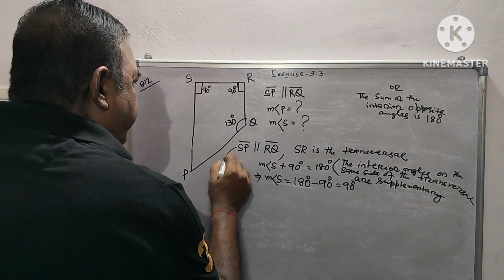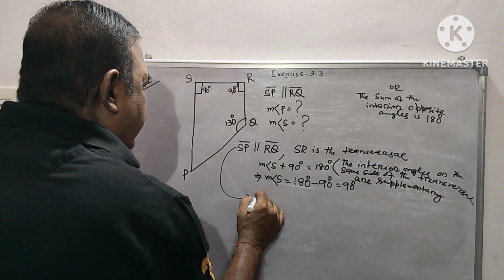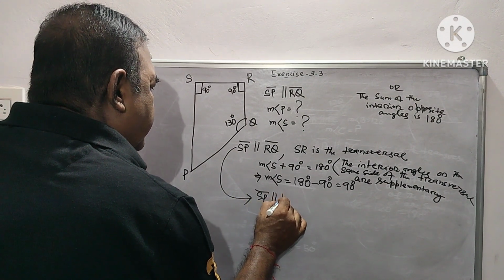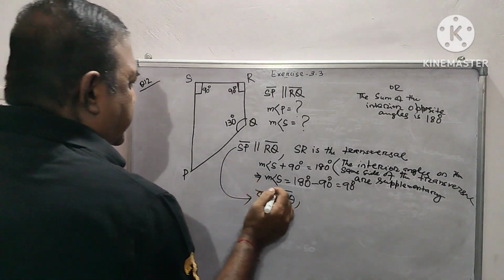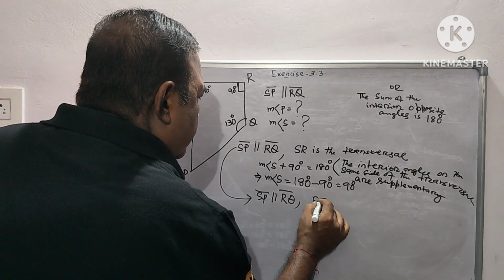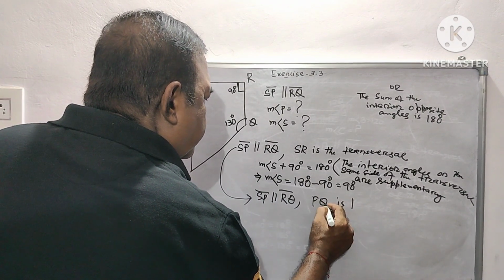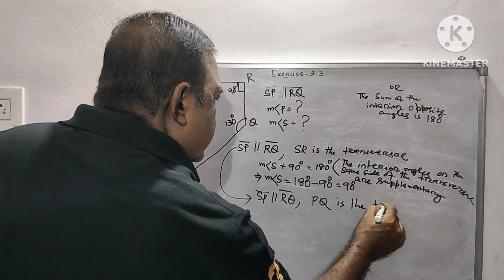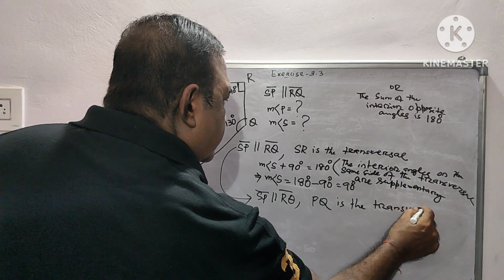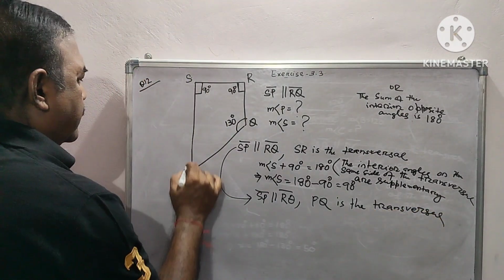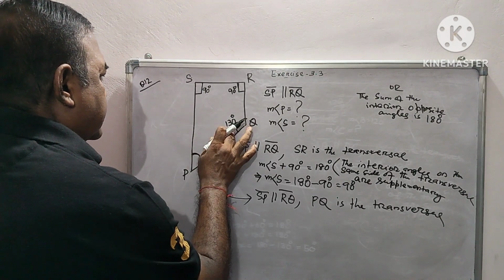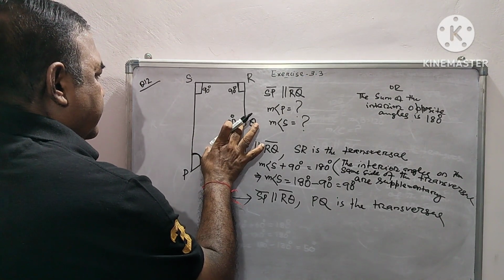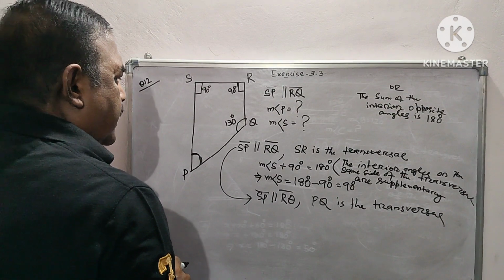And the same you write here, SP line segment is parallel to RQ, but the transversal differs. Here the transversal is PQ. So the measure of this angle plus 130 degree will be equal to 180 degree.